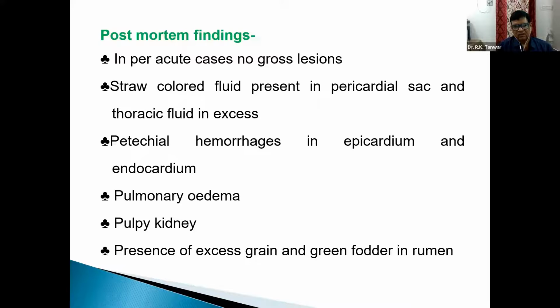Pulpy kidney: if the postmortem is not carried out within 2 hours, then even in healthy animals there is a pulpy kidney. So this is not a sign by itself, but if the PM is carried out within 2 hours, then pulpy kidney is suggestive of ET. And you will find excess grain present in the rumen, and green pulp.